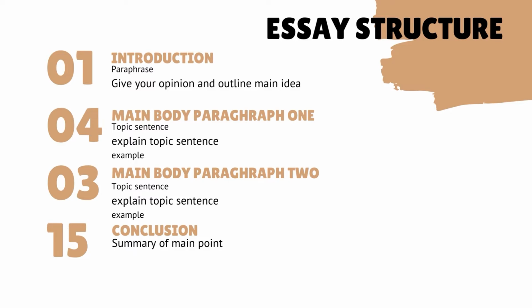And if we talk about body paragraph 2, we have to do the same. Firstly, we have to write the topic sentence, and then explain this topic sentence and give an example related to this. And in the last part, that is the conclusion, we have to write a summary of the main points.